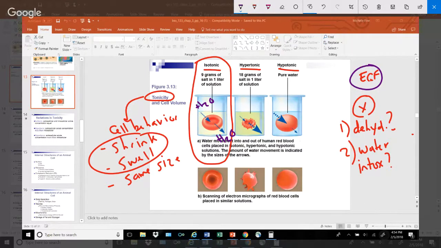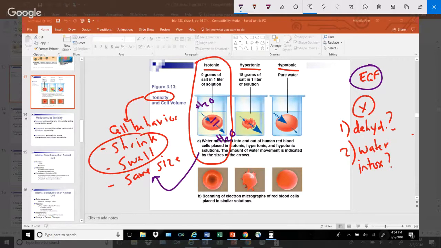So the ECF and the ICF, or the cytosol, are equal. That creates a situation in which osmosis is occurring, but there are equal amounts of water moving in and out of our cells, and our cells stay the same size. And this is what we want to happen.